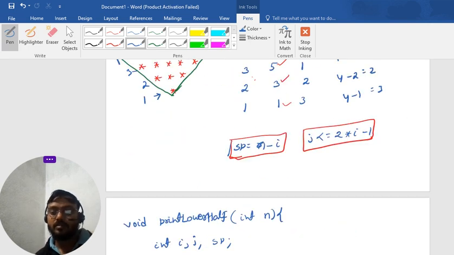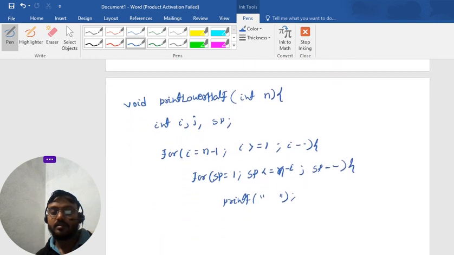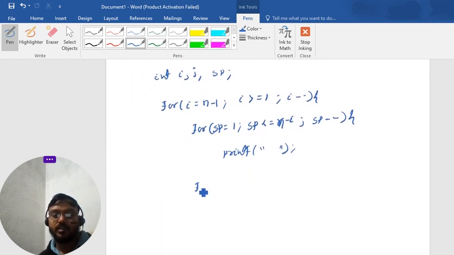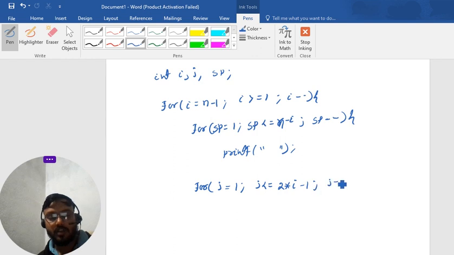Once I have this, what next? I need to print for j equals to 1, j will be less than equals to 2 into I, j plus plus, then printf star.